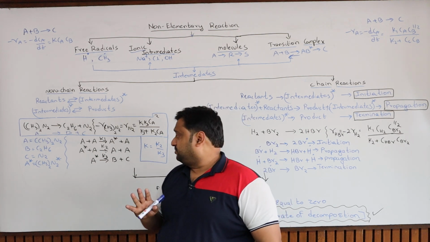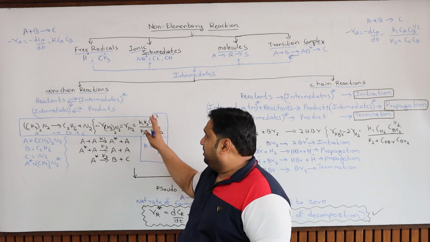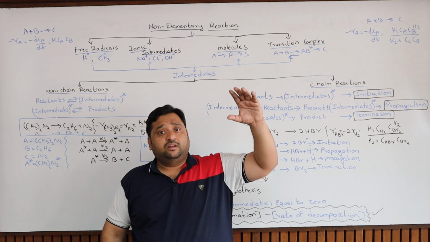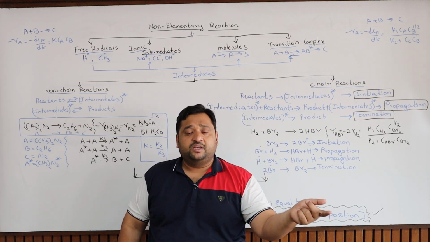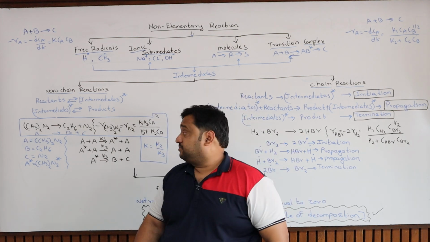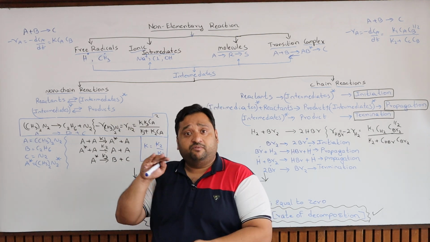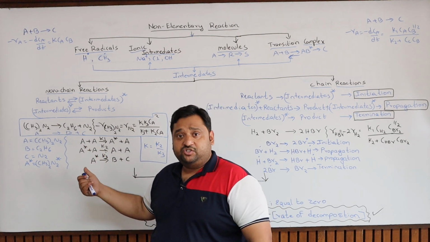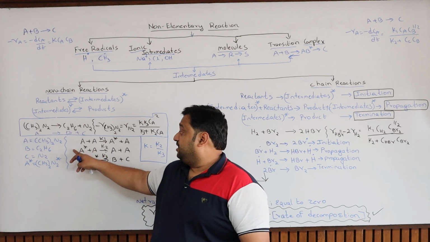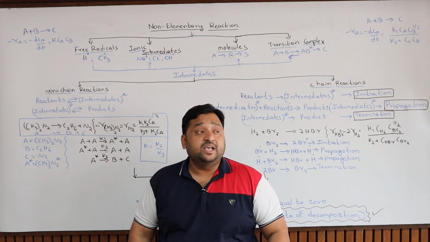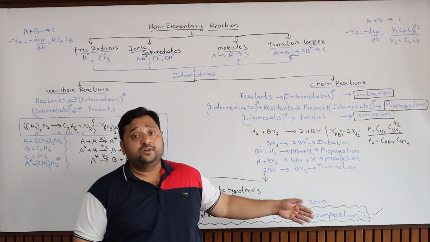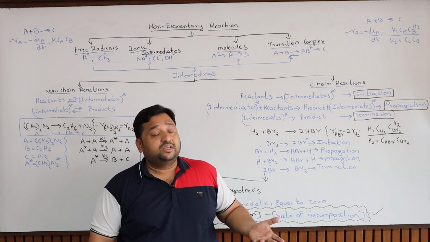I will do that. They will assume, they will get one rate expression, they will conduct some experiments, speed or rate experiments. If that rate is matching with whatever the mechanism we have assumed, then these are the actual steps that is happening. Similarly here also they will conduct some experiments.